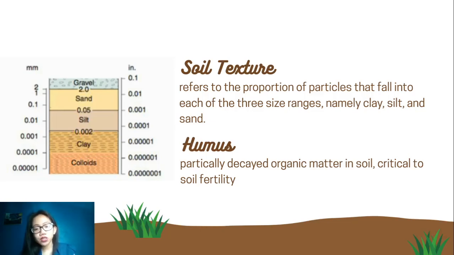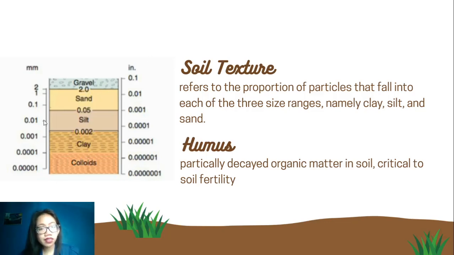So soil texture refers to the proportion of particles that fall into each of the three size ranges, namely clay, silt, and sand. So there are different types of soil based on the particles they contain, and we classify those particles based on their sizes.